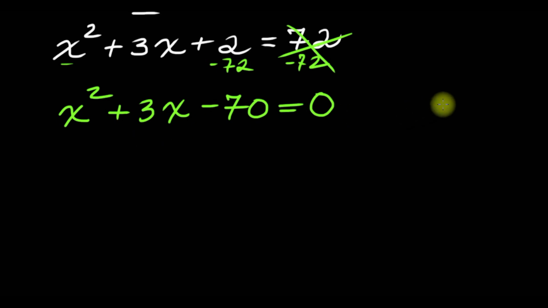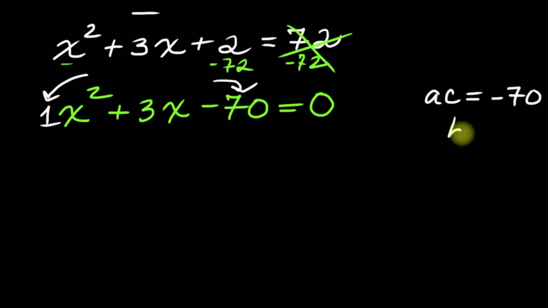So to factor, I would find a times c. So a is 1, and your c is negative 70. So that's going to come out to negative 70. And here's your b, which is 3. So now we have to come up with factors of negative 70 that when we add those numbers comes out to 3.